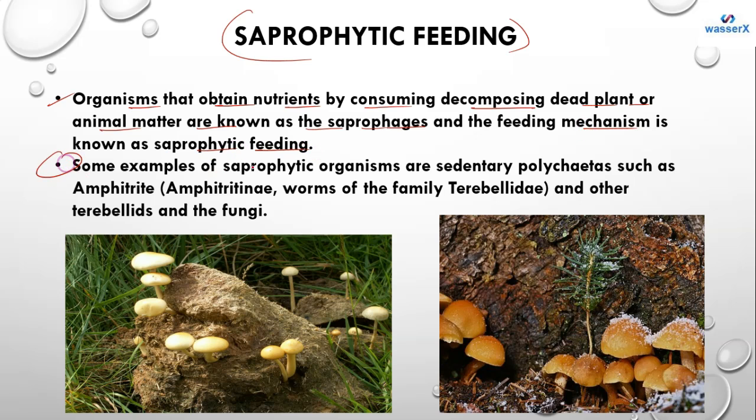Some examples of saprophytic organisms are sedentary polychaetes such as Amphitrite worms, the family of Terebellidae, other terebellids, and fungi. As you can see in this picture, these organisms feed on decomposing dead plants or animal matter.